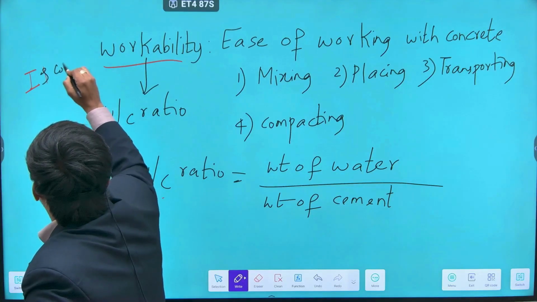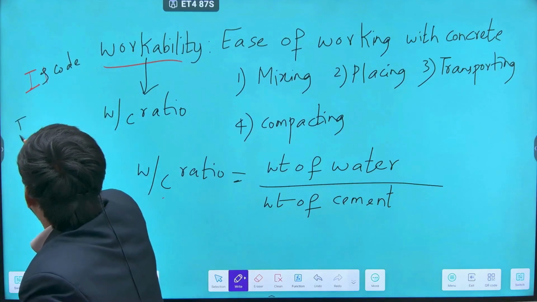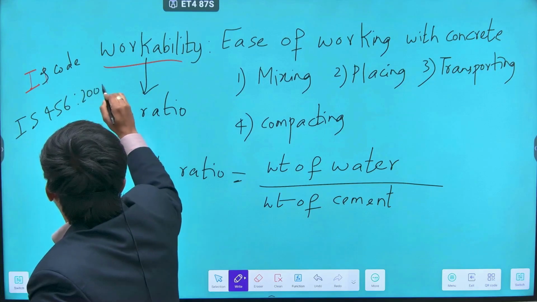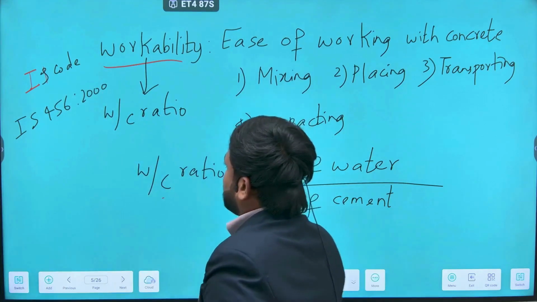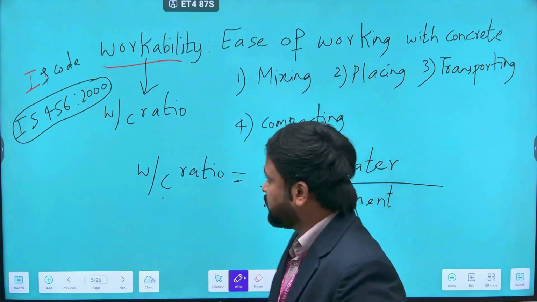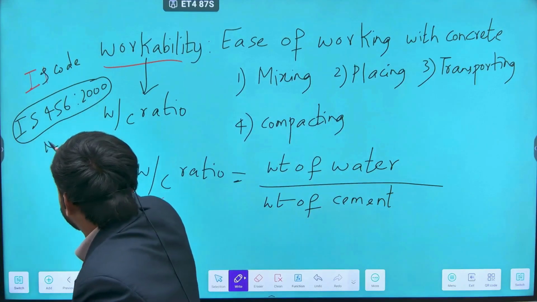We have a code for concrete technology, and we can take recommendations from the IS code, IS 456:2000. This is the code which deals with concrete technology and RCC.